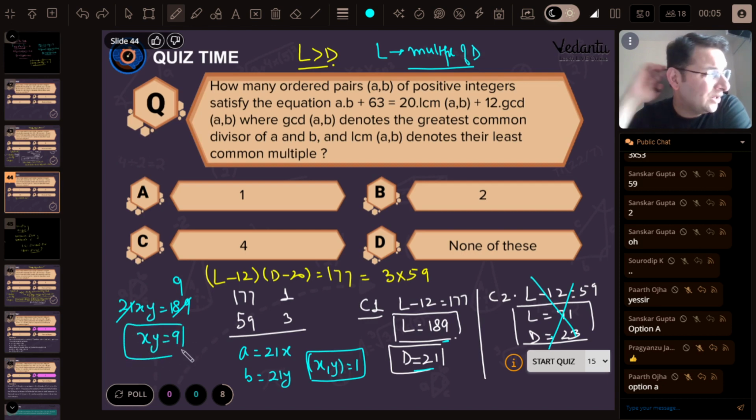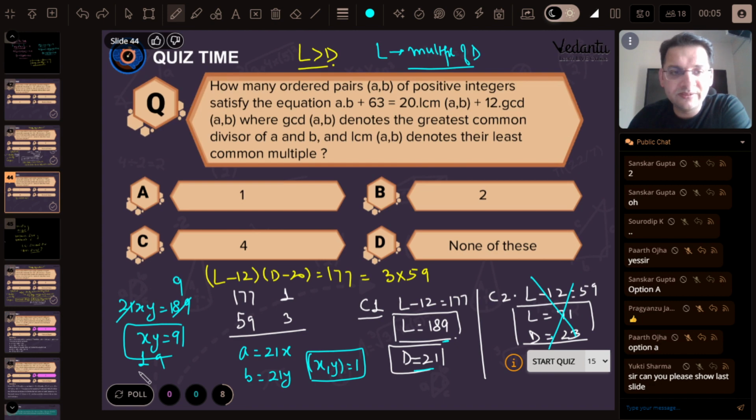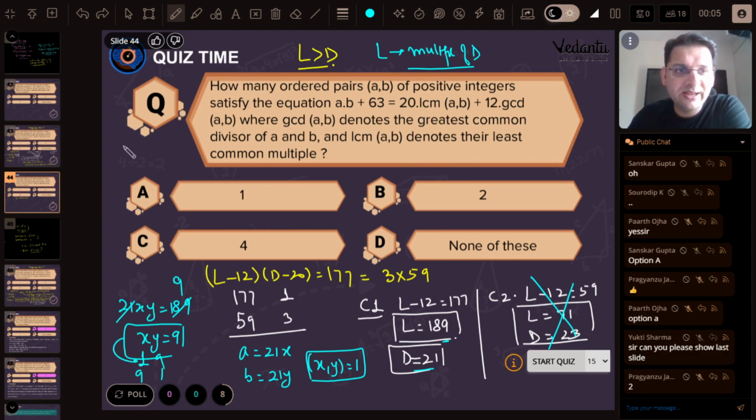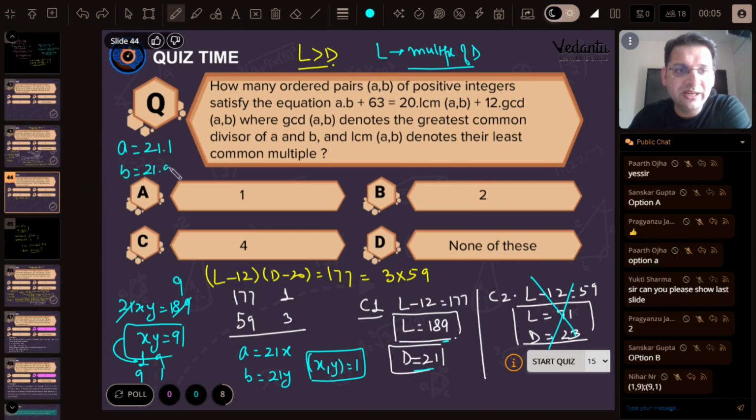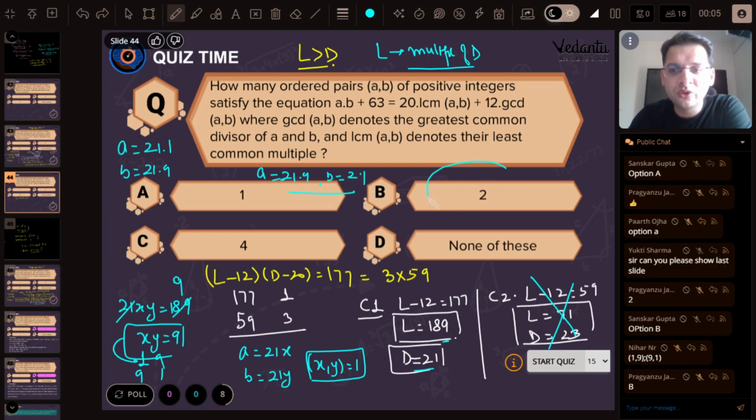So can you think of an ordered pair x, y with product 9 such that GCD of x and y is 1? There are only two ordered pairs, (1, 9) and (9, 1). For the first case, A is going to be 21 into 1 and B is going to be 21 into 9. For the second case, A is going to be 21 into 9 and B is going to be 21 into 1. So there are only two ordered cases. So the answer is going to be B, 2.